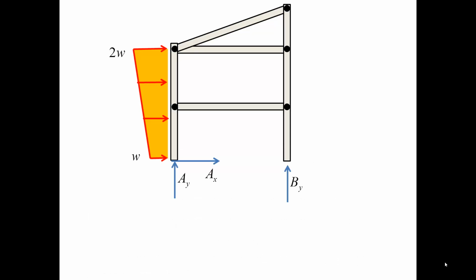I want to pay your attention that I do not immediately convert the trapezoidal load into concentrated forces. Rather, I draw a free body diagram, write down equilibrium equations, and as I need to write down equilibrium equations, I do the conversion.